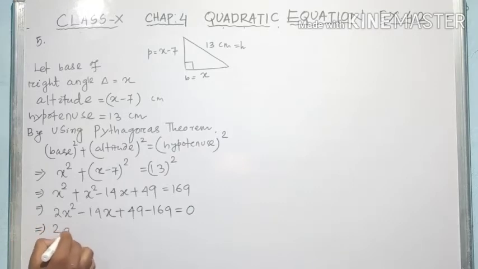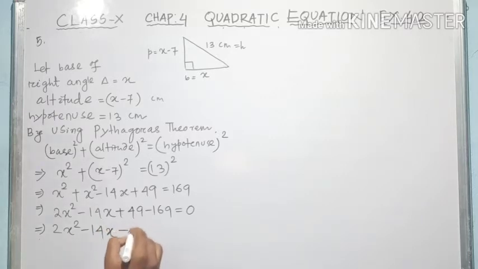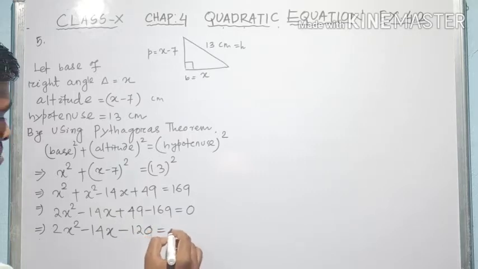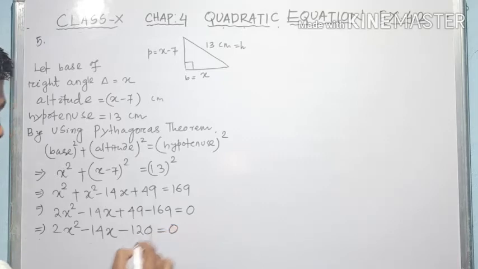This implies 2x square minus 14x minus 120 is equal to 0.